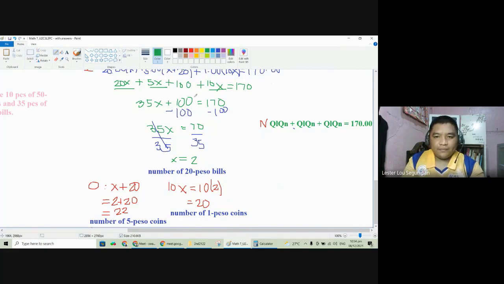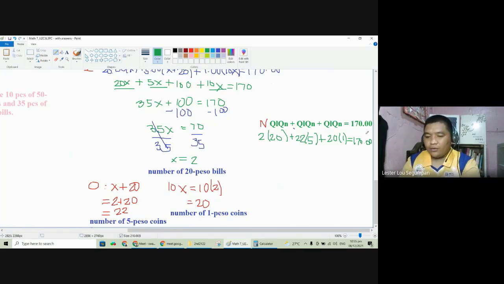You will have 2 pieces of 20 peso bills plus 22 pieces of 5 peso coins, sorry, 5 peso coins rather, not bill, plus finally 20 pieces of 1 peso coins. You'll have here 170.00. By the way, there was a 5 peso bill before. I don't know if you were able to see them, but there was a bill before for 5 peso and even 10 peso bills. So continue, question mark still.